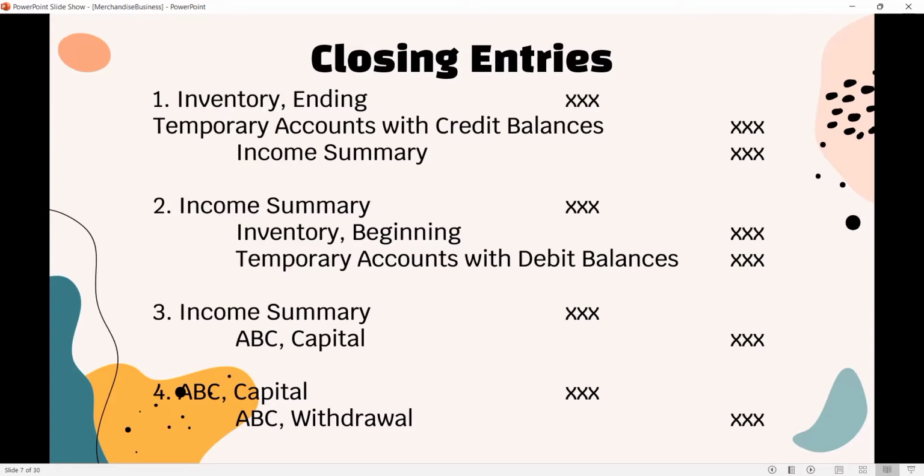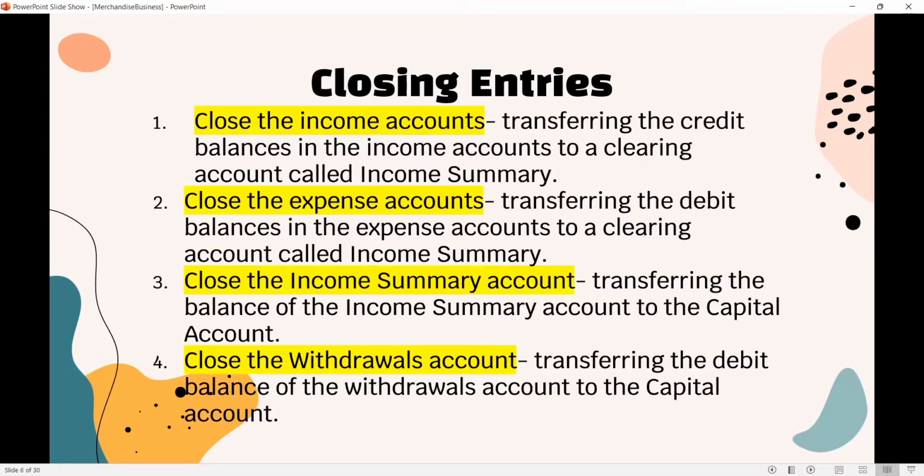Tapos, sa number 3, yung number 3 naman, close the income summary account. So, close na natin yung income summary account kasi temporary or nominal accounts din siya. So, ita-transfer natin yung balance ng ating income summary account to the capital account.